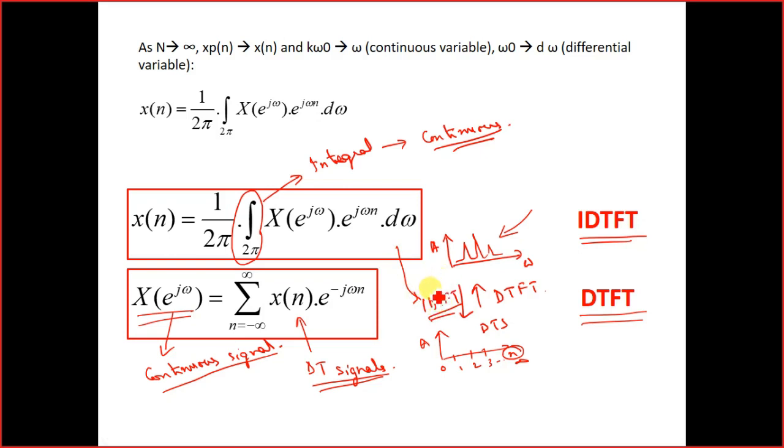We also discussed that due to this reason these systems cannot be implemented in a computer, which is mainly meant to handle discrete time or discrete signals in general.